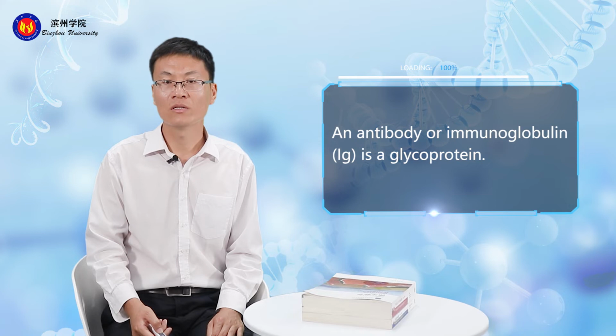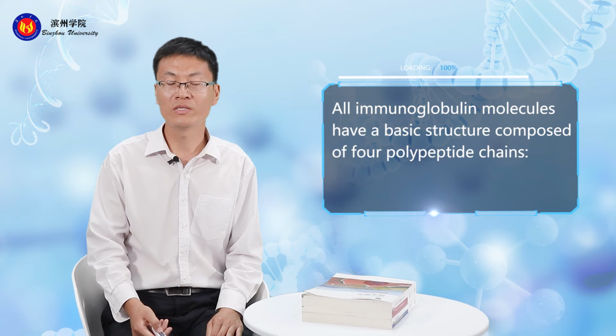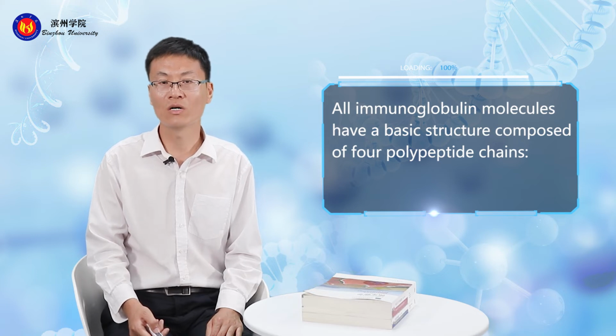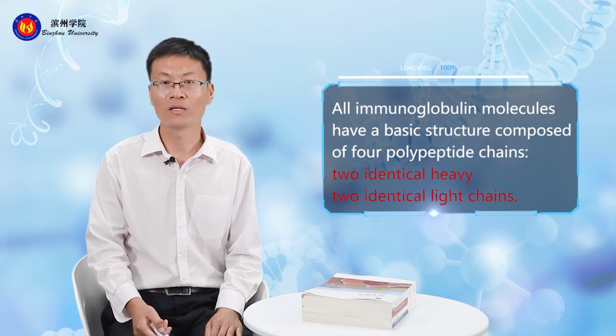An antibody or immunoglobulin is a glycoprotein. All immunoglobulin molecules have a basic structure composed of 4 polypeptide chains, 2 identical heavy and 2 identical light chains. There are 5 classes of human antibodies.